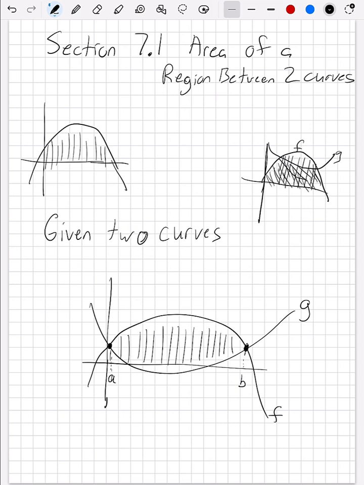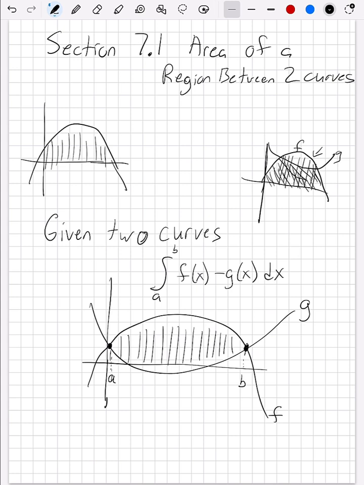So what we are really doing is finding the area under F and subtracting off the area under G to leave us this middle portion. And we do that by integration, by saying from A to B, we evaluate the integral of F of X minus G of X with respect to X.